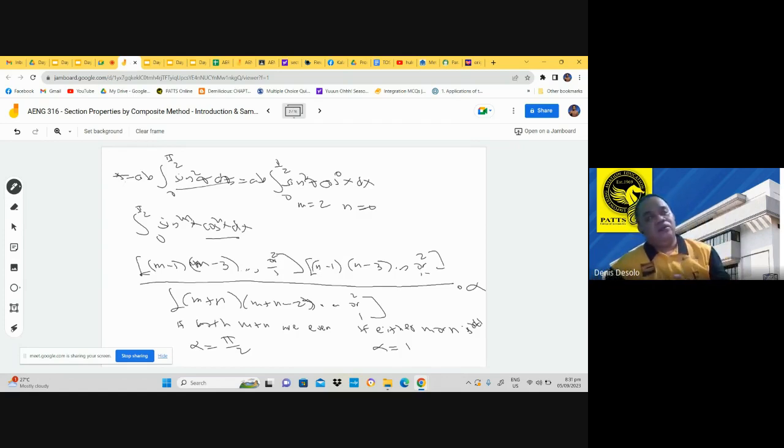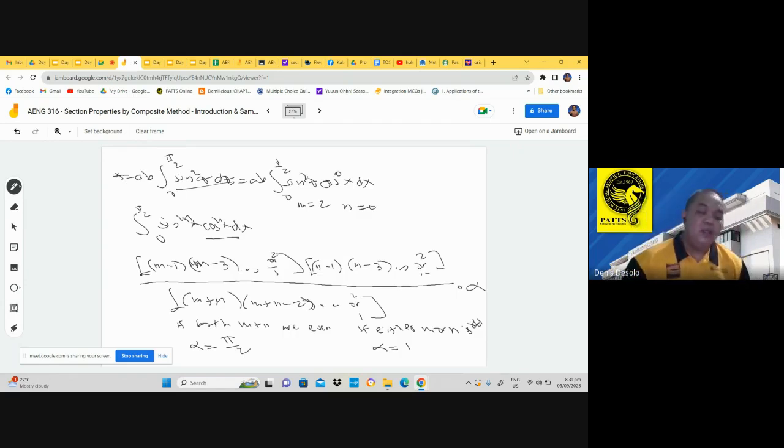Again, if the exponent of either m, the sine, or n, the cosine, is equal to 0 or 1, that's the lowest exponent we can have to apply the power formula.